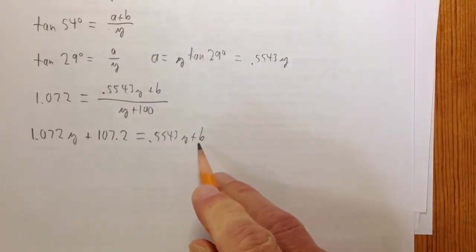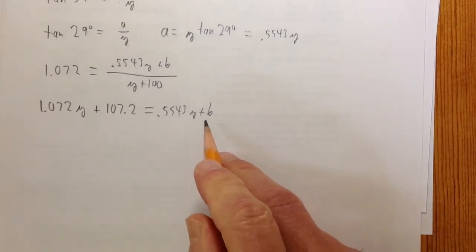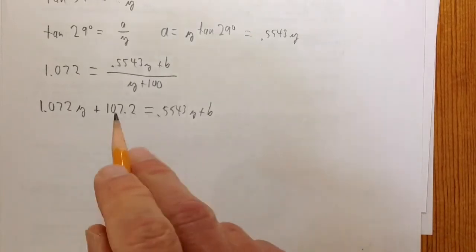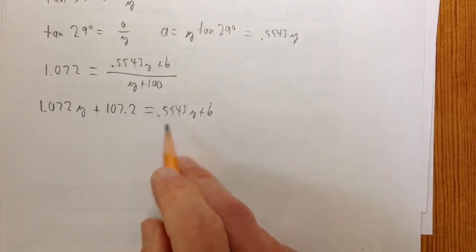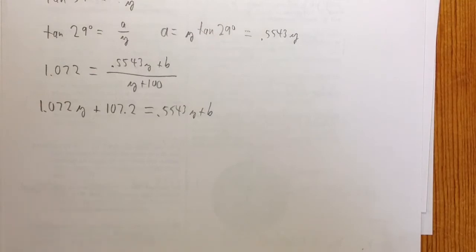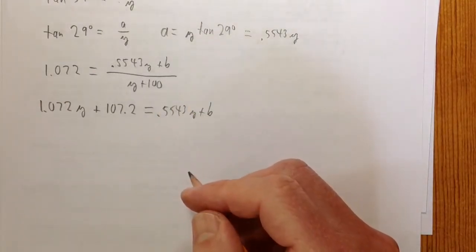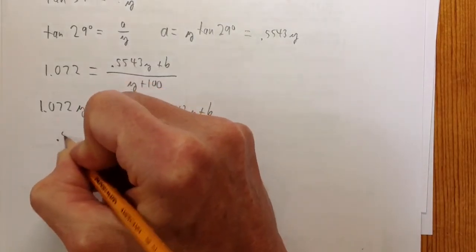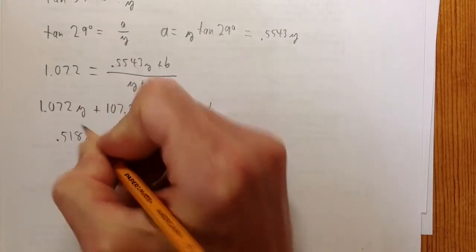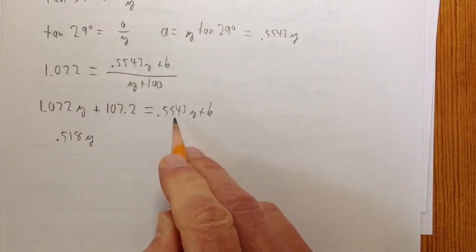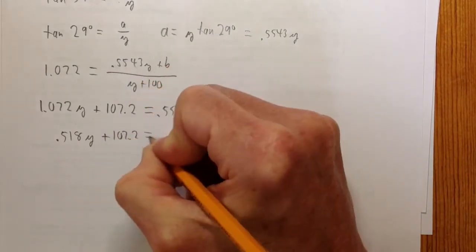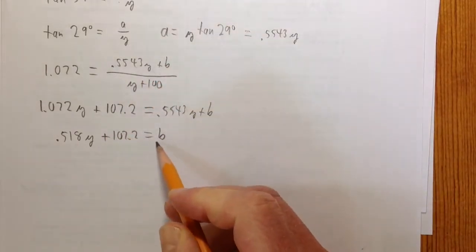We want to solve for b. So b then is 1.072 minus 0.5543. I get 0.518, close enough. So we have 0.518y plus 107.2 equals b. So there's our b formula.